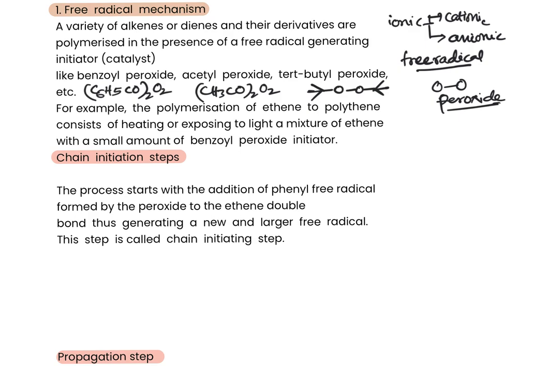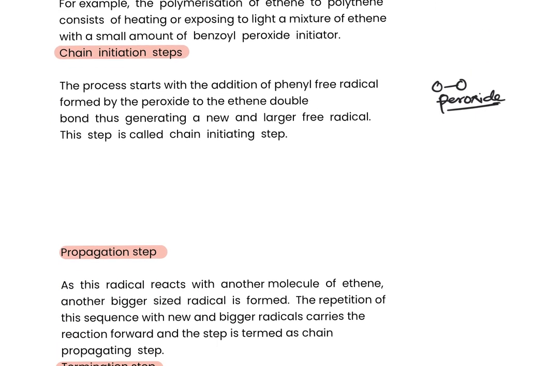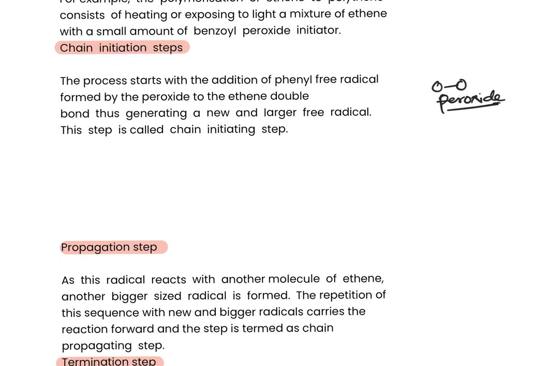For example, the polymerization of ethene to polyethylene consists of heating or exposing to light a mixture of ethene with a small amount of benzoyl peroxide initiator. How to understand this mechanism? It is given in the form of sentences: first the chain initiation step, which means starting the mechanism.